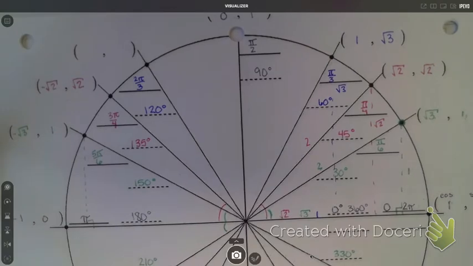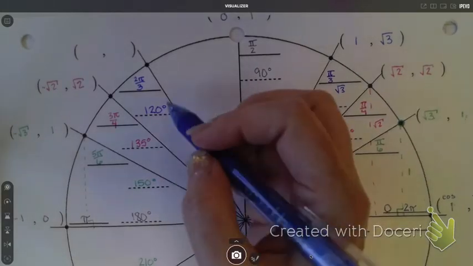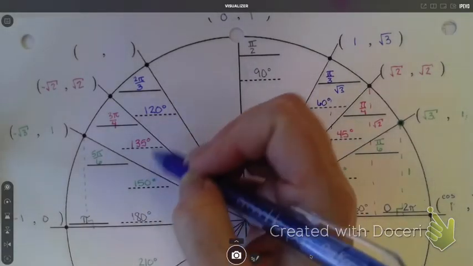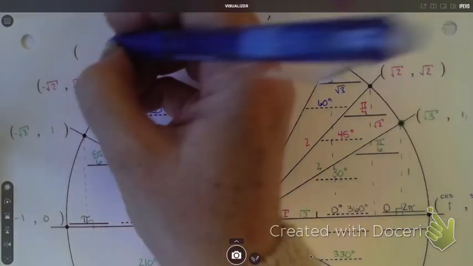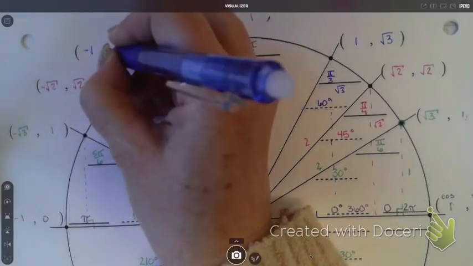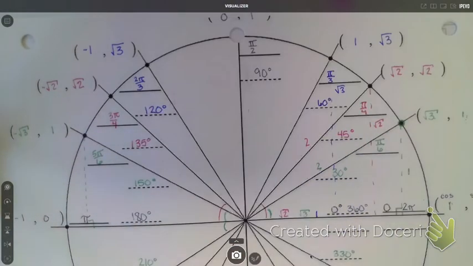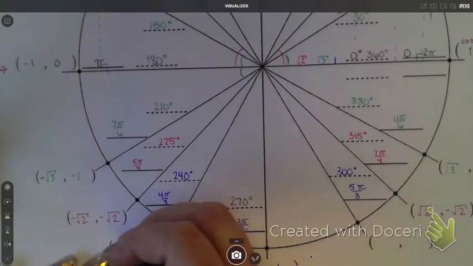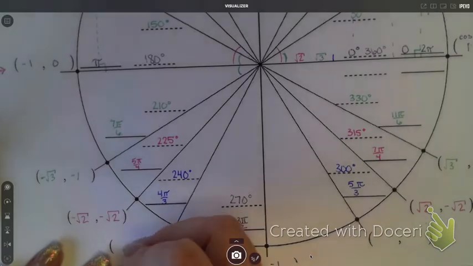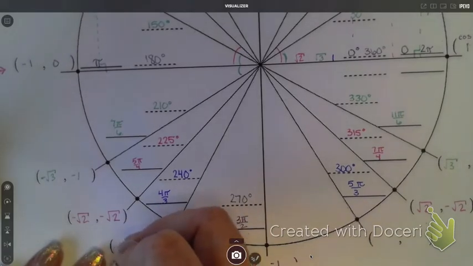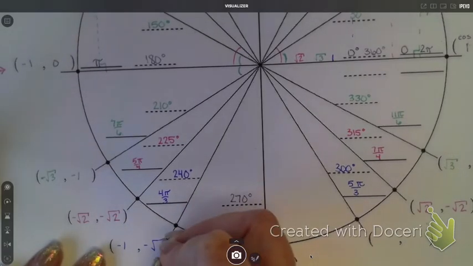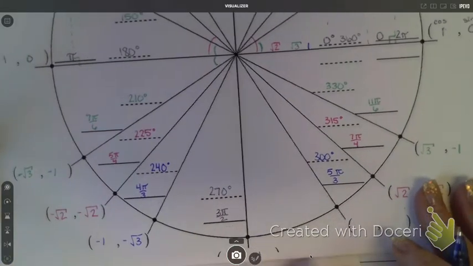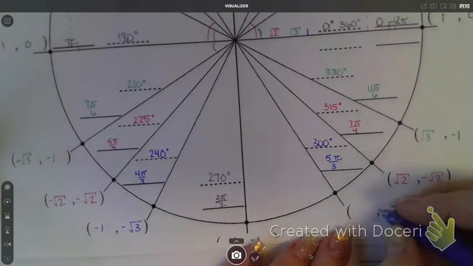What other angle? 120, because 120 is 60 away from 180. So negative 1, square root of 3. 240 is going to be negative 1, negative square root of 3. And then 300 is 1, negative square root of 3.